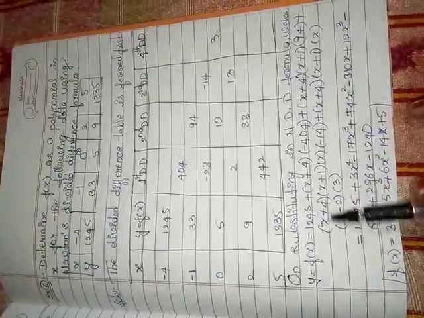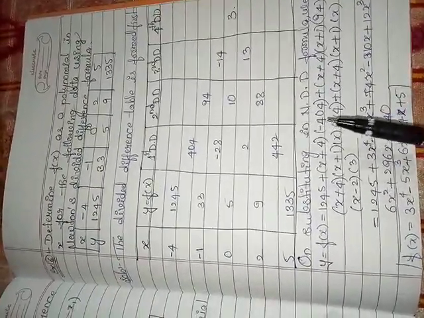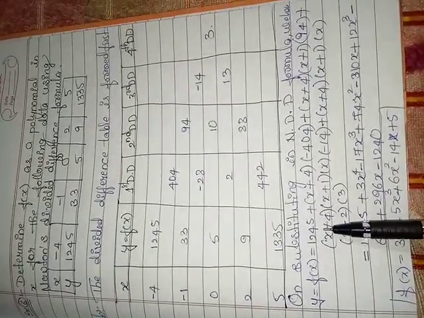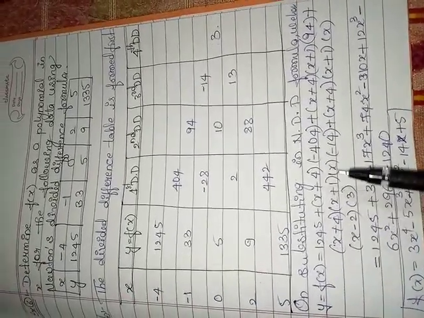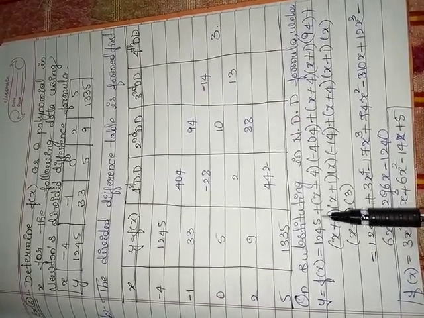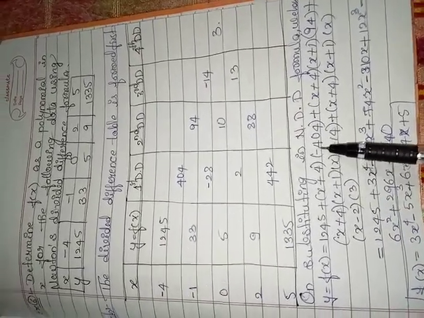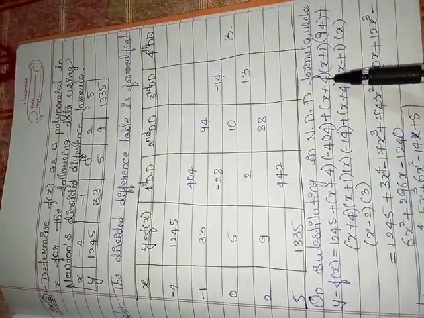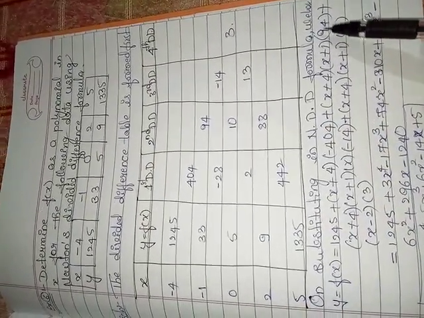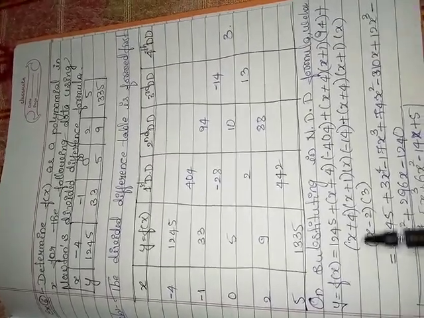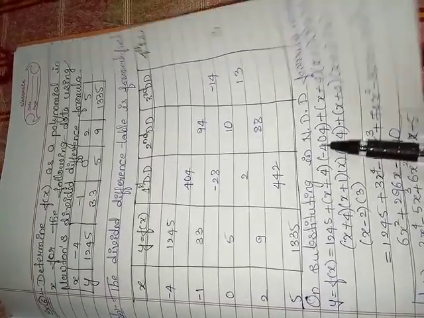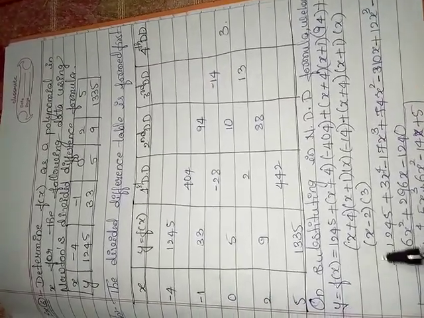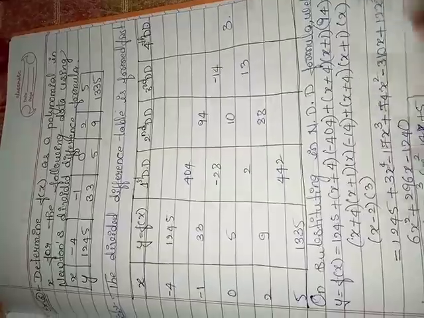After that, apply the formula, and after the substitution we have y is equal to f of x is equal to 1245 plus x plus 4 into minus 404, plus x plus 4 into x plus 1 into 94, plus x plus 4, x plus 1 into x into minus 14, plus x plus 4, x plus 1 into x minus 2 into 3.